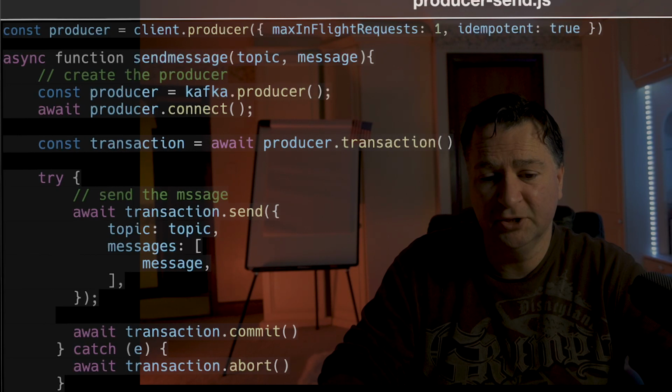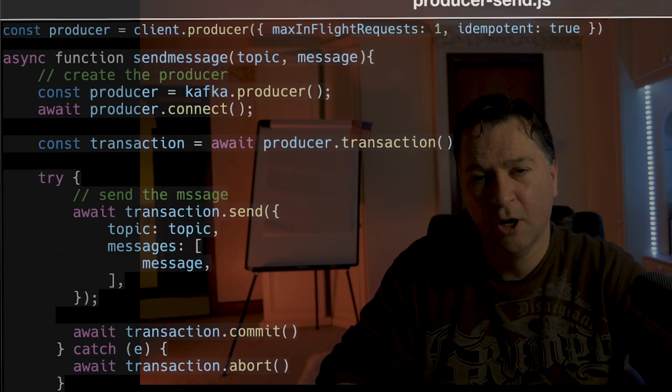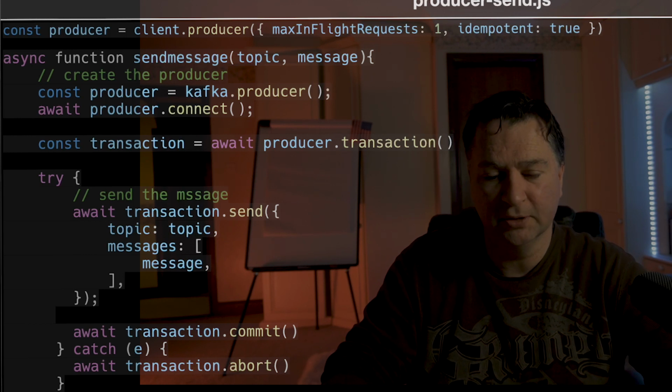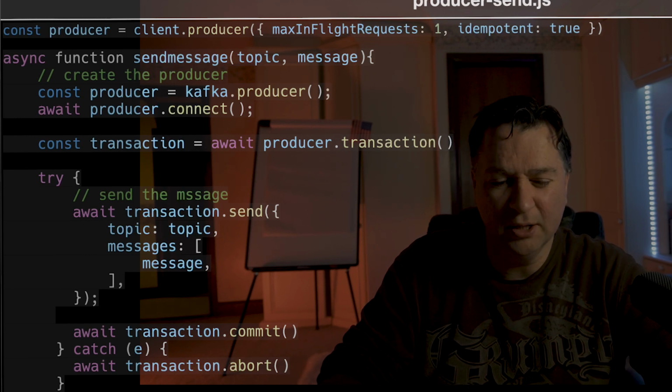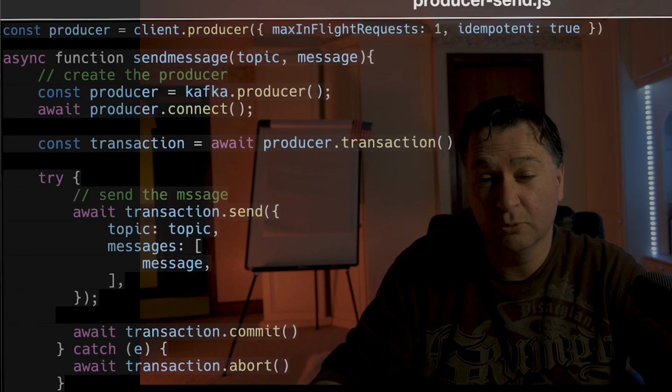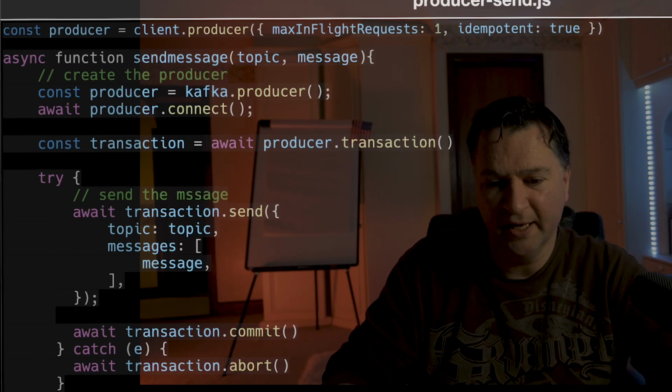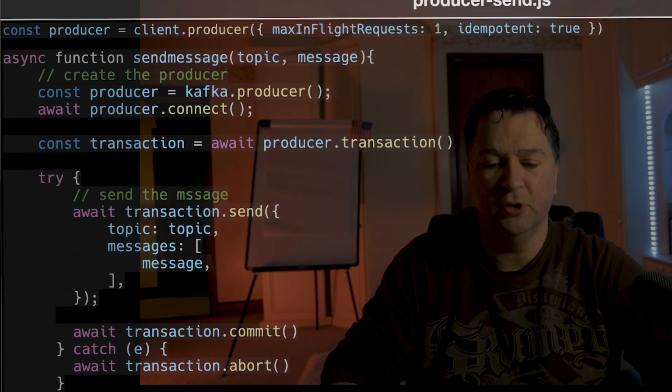But in those financial situations, what you could do is use a transaction. I've got a little bit of code showing on the screen. We will do that in one of the other videos where we code up in KafkaJS, but I just want you to be aware of it from a transaction point of view.